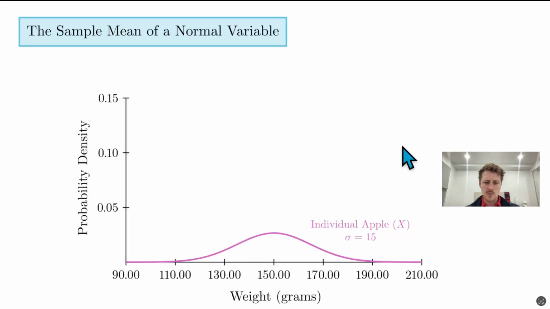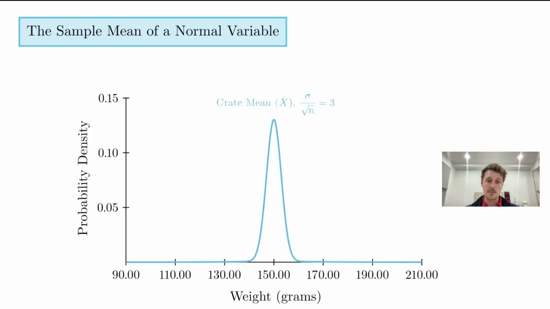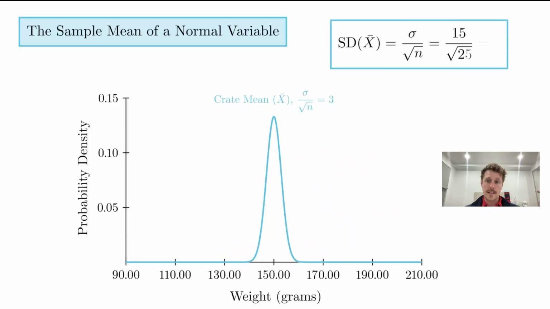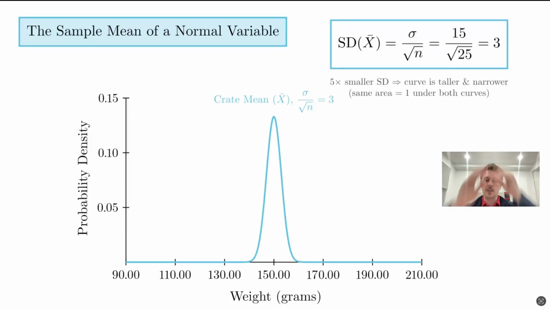And when we transform this into the crate mean, that's what the proof showed us. We're actually going to get something that looks like this. It gets much narrower, and it should make sense. If our sample size is 25, we get 5 times smaller standard deviation. So the curve gets taller and narrower, but it still has an area of 1. There's still a probability density function, with an area of 1 underneath this curve.